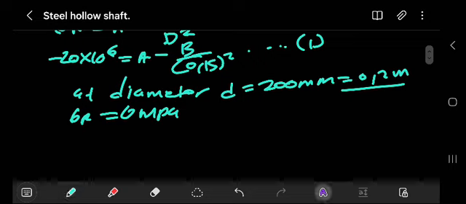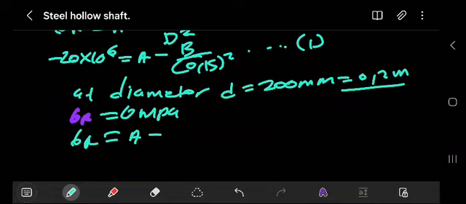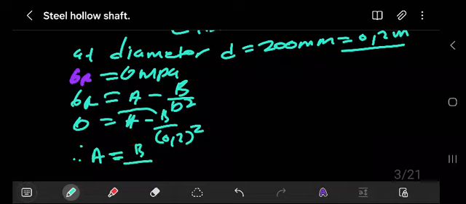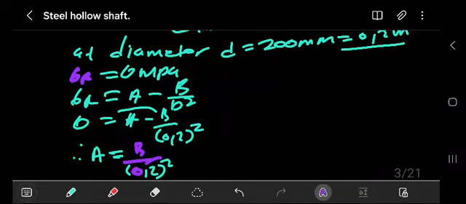So this equals A minus B over D squared. Radial is 0, so here we have A minus B over D squared, with D being 0.2. We make A the subject. Therefore, A simply equals B over 0.2 squared. So this we have, isn't it, guys?